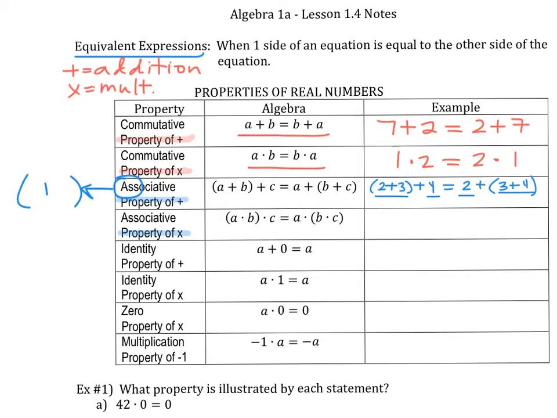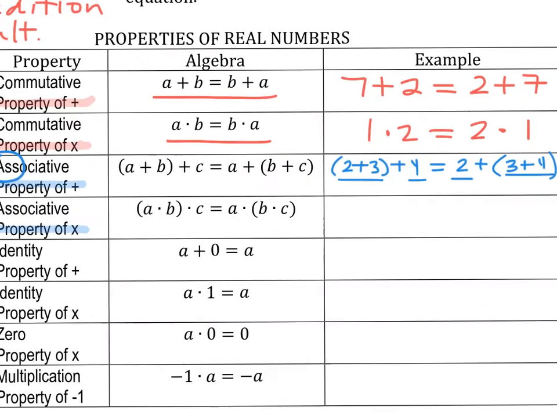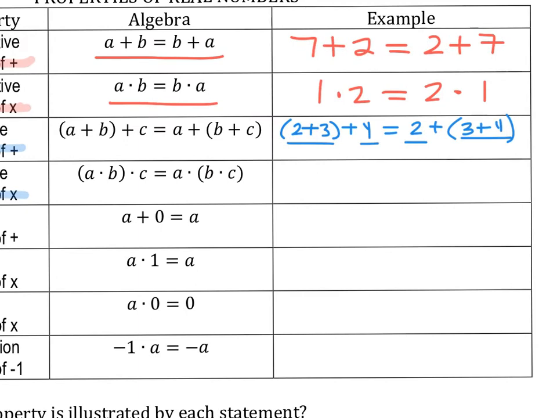Associative property of multiplication works the same way, but now we're just multiplying instead. And the order in which you multiply them does not matter. So if we do this with multiplication, you could do something like 3 times 5 times 2 will equal 3 times 5 times 2, right?